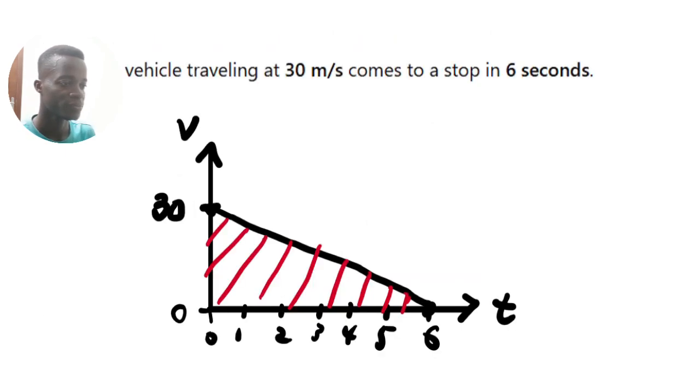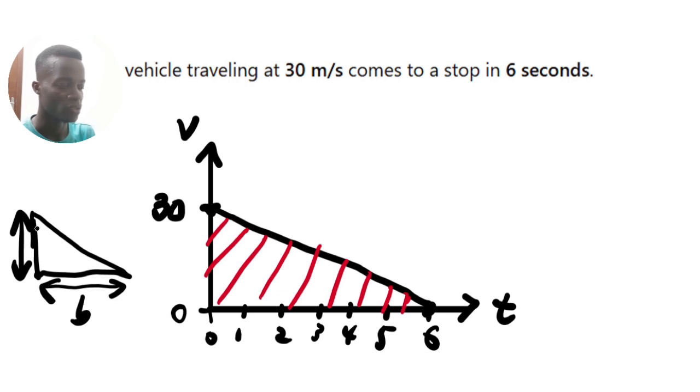The next one is another right angle triangle, but it is turned like this. So we are going to have our base here and our height here. The height is usually measured from the vertical axis, the y-axis. So 30 minus 0 will be 30.